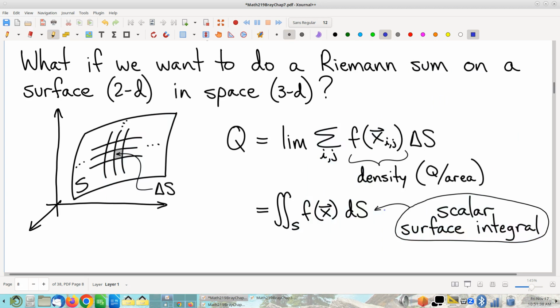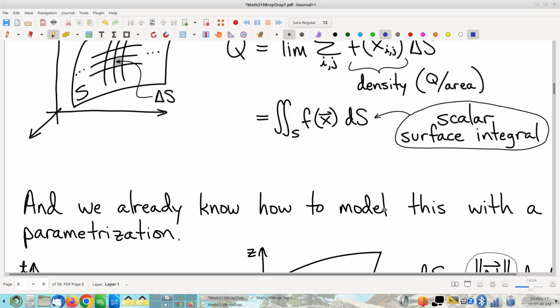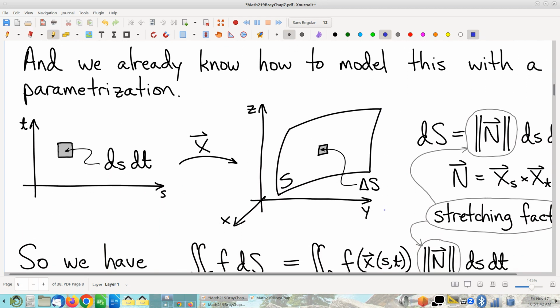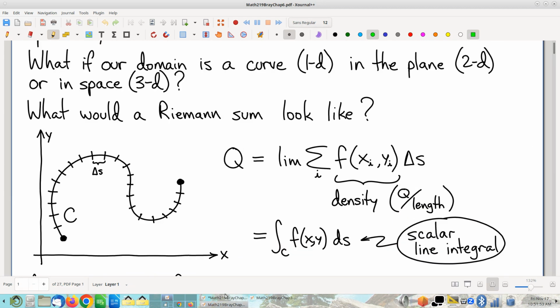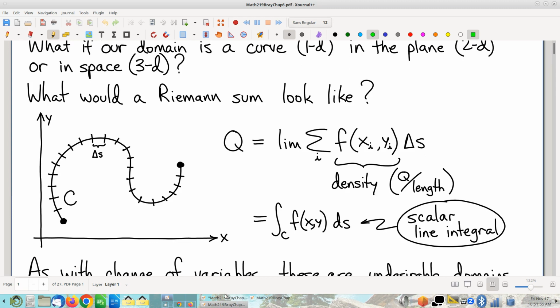Looming question, how do we compute these things? It turns out we've already done it. We already know how to compute. We didn't realize we already knew how to compute these things, but in fact, we have all of the tools necessary to compute this thing. And I just want to point out, that's where we found ourselves when we were looking at scalar line integrals. Again, brand new Riemann sum for scalar line integrals.